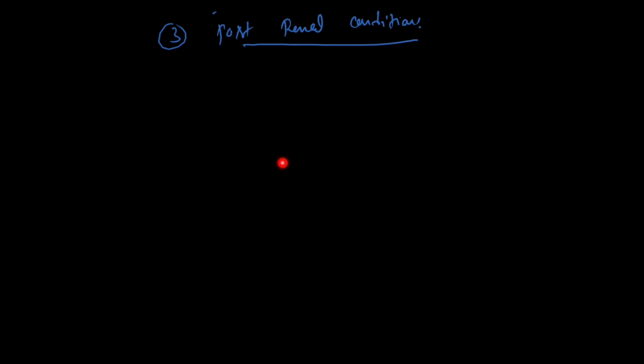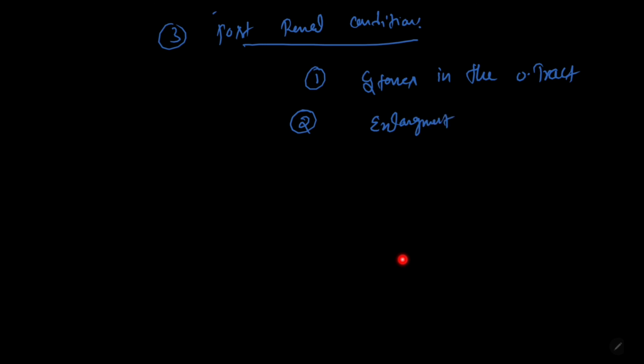That means more urea will be reabsorbed, and that causes an increase in the blood urea concentration. Causes are stones in the urinary tract. If stones are present, they will obstruct the urinary flow and more urea will be reabsorbed into the circulation, causing elevation in the blood urea. Second is enlargement of the prostate gland.